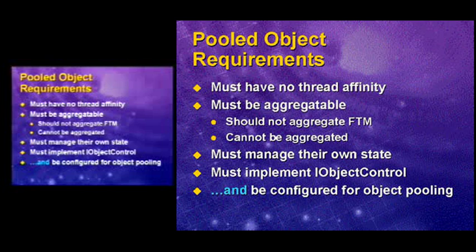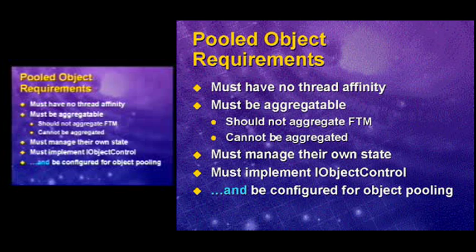The other thing about pooled objects is the fact that they must be aggregatable. And this is because of the way the pooled object works. The way pooled object works is that when you get a pooled object, the way that your object is kept alive is that your object is aggregated by this object called the object life object. And the object life object keeps an extra reference to your object. So no matter how many times I call release, I always have an extra reference kept by the object life object.